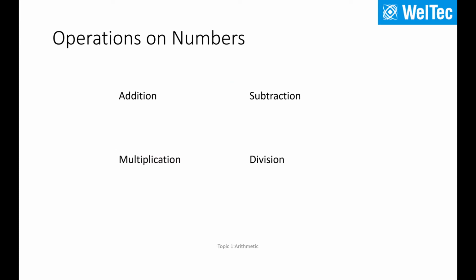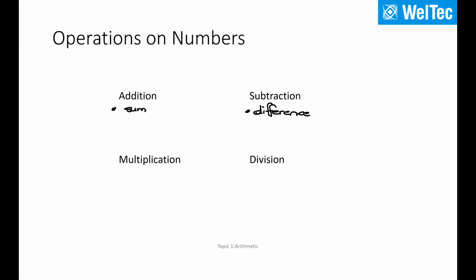When we talk about addition, what we're really talking about is the sum of two numbers. And when we talk about subtraction, we talk about the difference between two numbers.